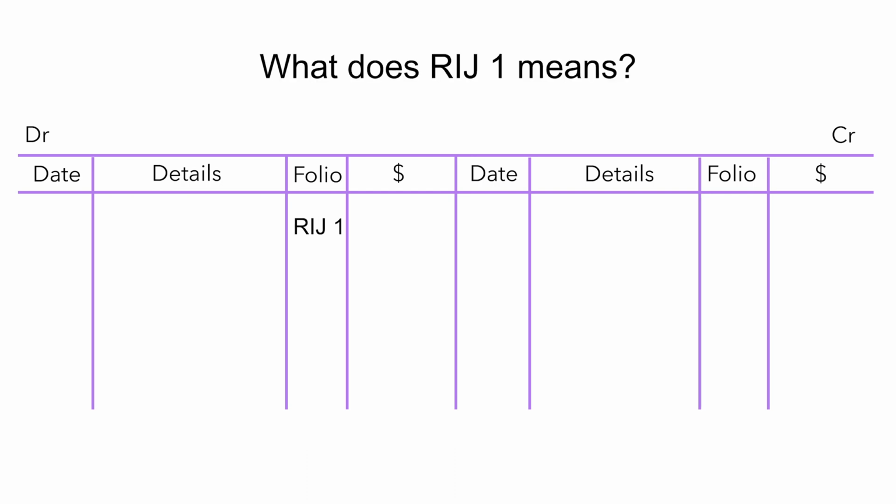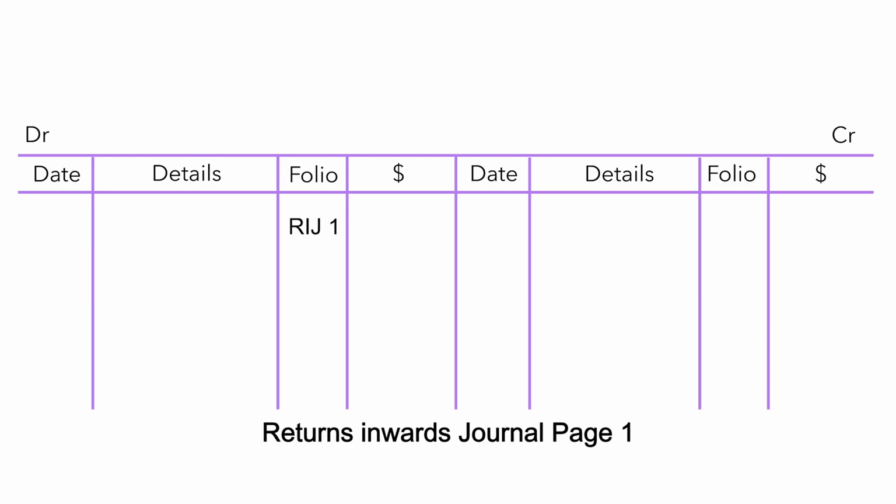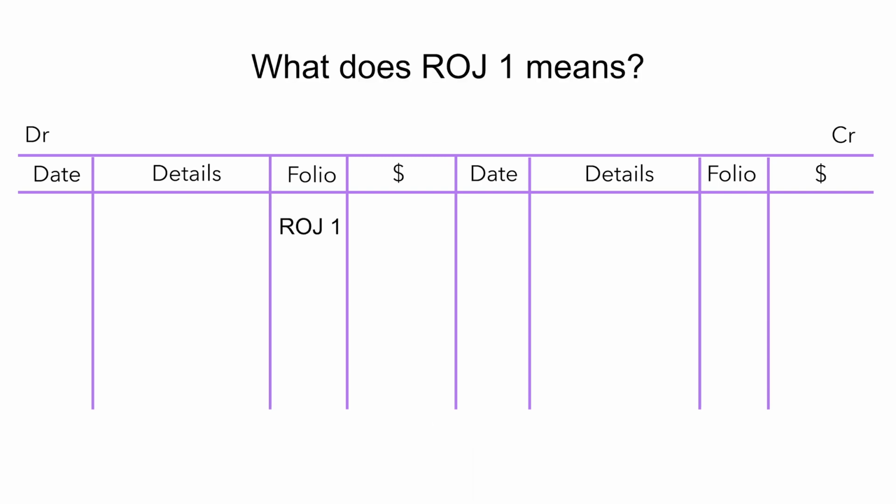What does RIJ1 mean? Returns inwards journal, page 1. What does ROJ1 mean?